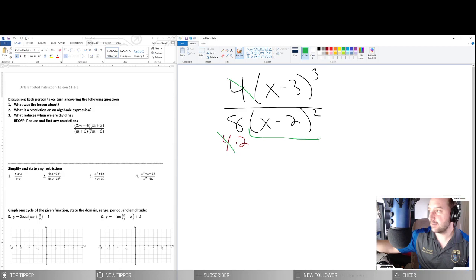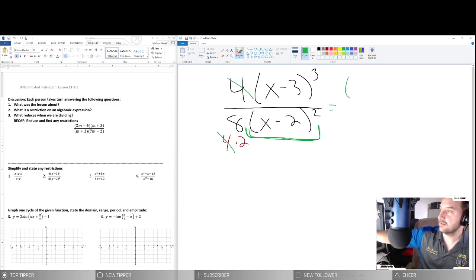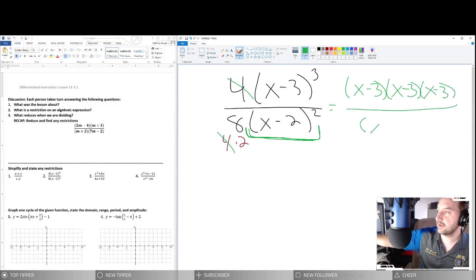Now, this x minus 2, that's a factor. There are 2 of those in the bottom, and there are 3 of them in the numerator. So if I want to visualize this, I have x minus 3, x minus 3, x minus 3, and on the bottom I have x minus 2 and x minus 2.